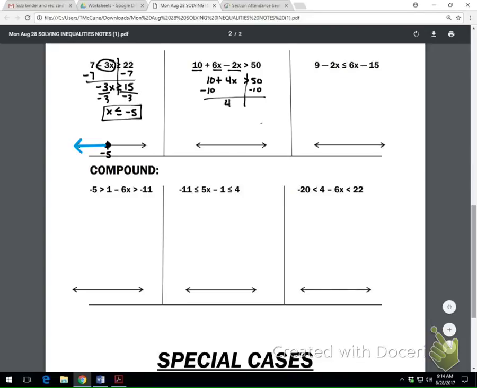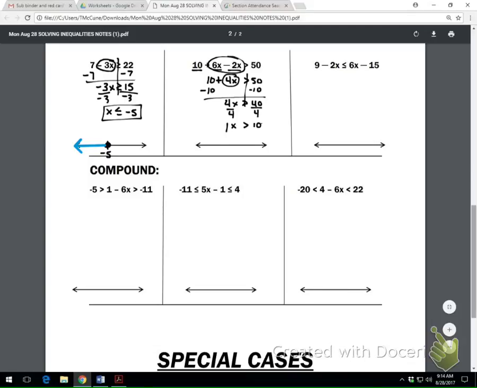So I get 4x is greater than 40. Divide by 4. I get x and then 10. Now, am I going to flip my sign? No. Now, I told you before, look back at the original problem. Well, if you circle both your x's and you combine them, we got a positive 4, didn't we? So that's why it's a no.